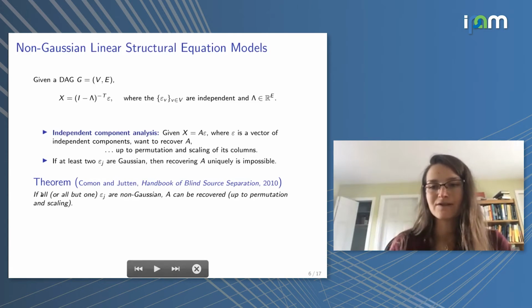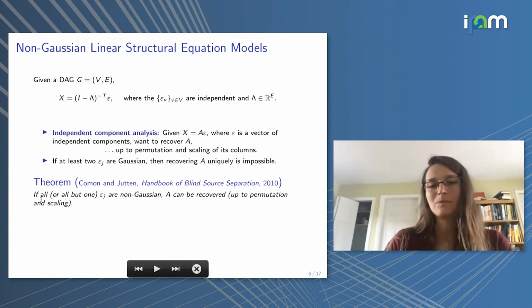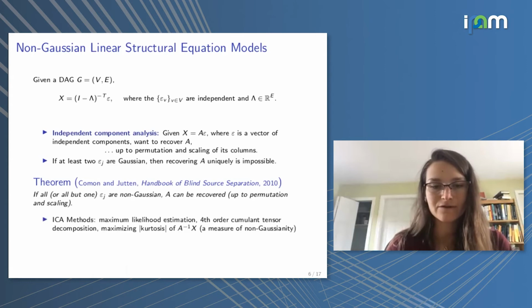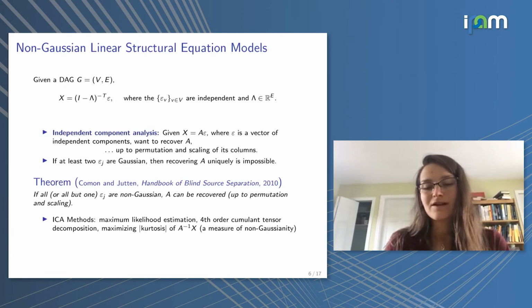This problem has been well studied, and one can learn this matrix A in theory. There are a lot of different ways of solving the ICA problem, and I want to pinpoint this one here, which is via tensor decomposition. I'm not going to talk about this today, but it's very related to our long program.